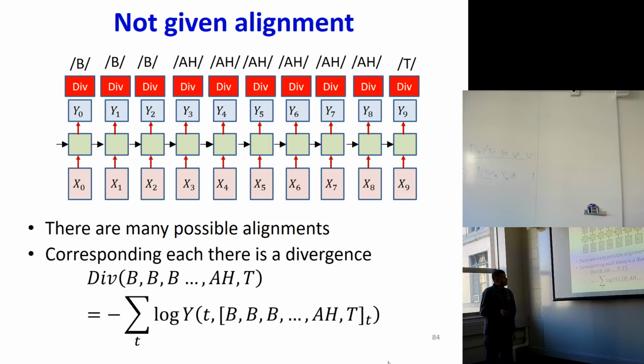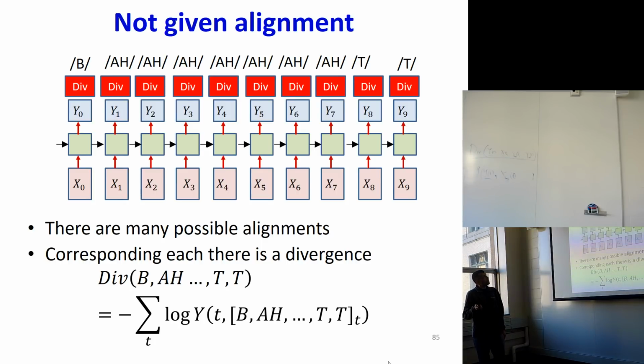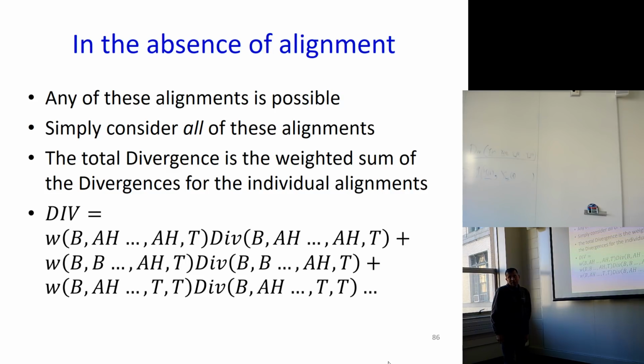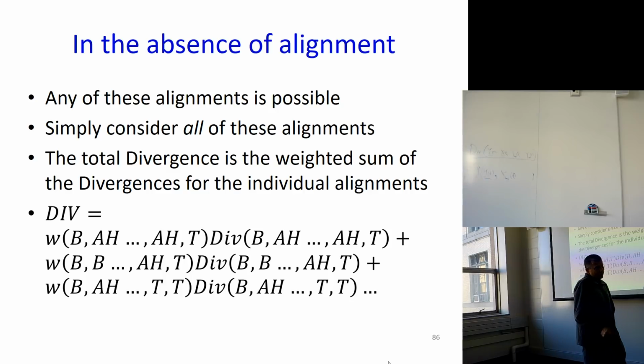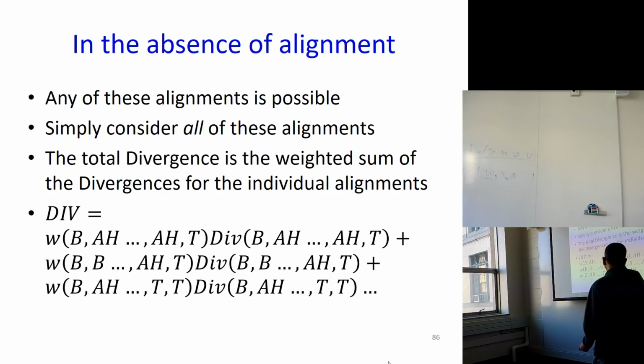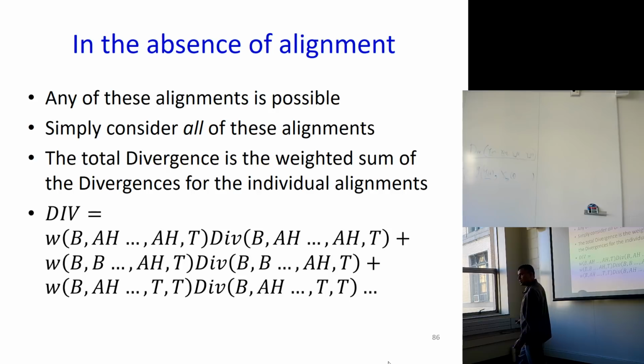Depending on the alignment, I'm going to get different divergences, right? Any of these alignments is possible. We have no idea a priori what the alignments might be.